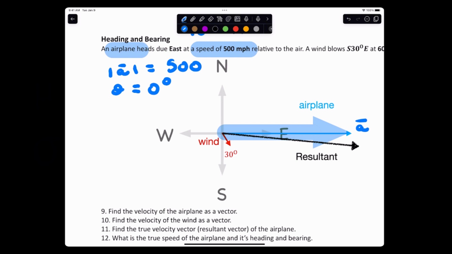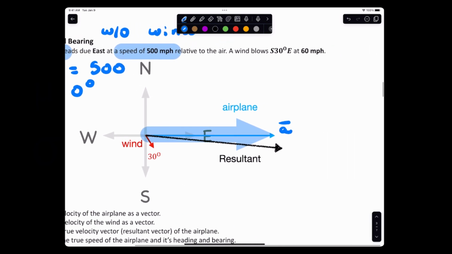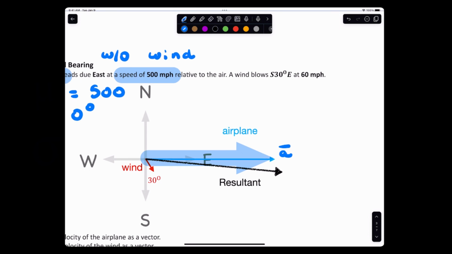All right. Now, what does it say about the wind? Let's read this here. This is where we left off. It says that the wind, which is going to be represented by a vector as well, the velocity of the wind, is blowing south 30 degrees east at 60 miles per hour. So this is where your wind is.